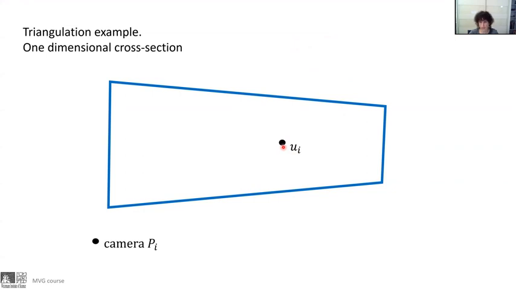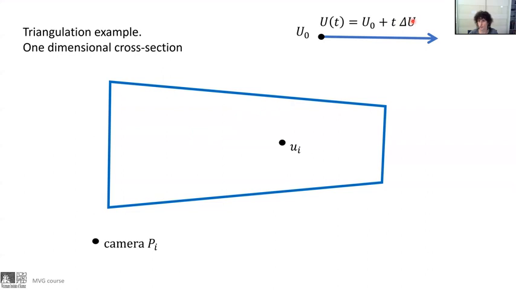Just for illustration, I know that this projection comes from a place here, which can be parameterized by some 3D point U0 plus some term which I don't know, which I call t, times a direction, which I know.